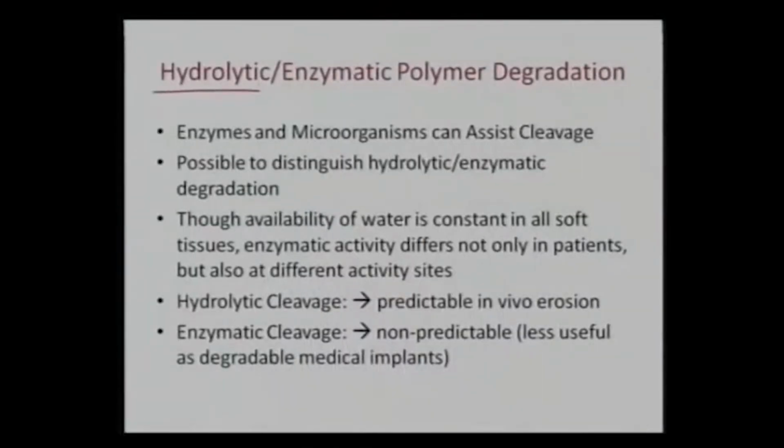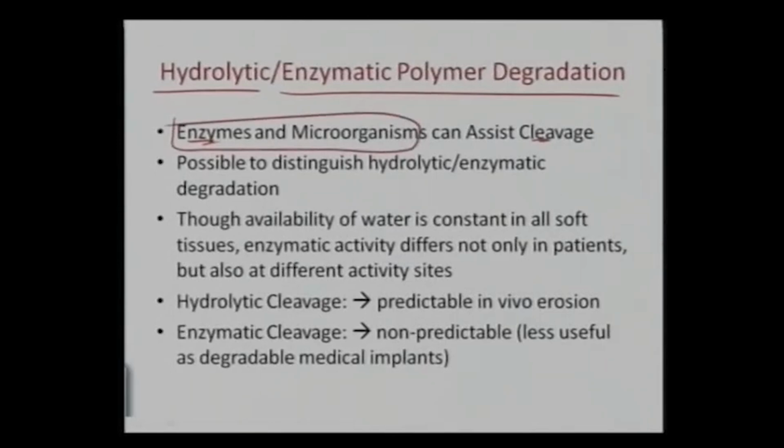And in certain cases, in hydrolytic or enzymatic polymer degradation, enzymes can also assist cleavage apart from only the water or the hydrolytic environment. Sometimes enzymes and microorganisms can also serve as an agent to cleave the particular bonding between the polymeric chains.